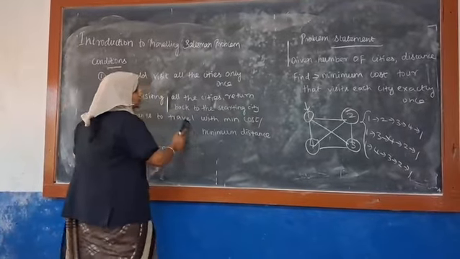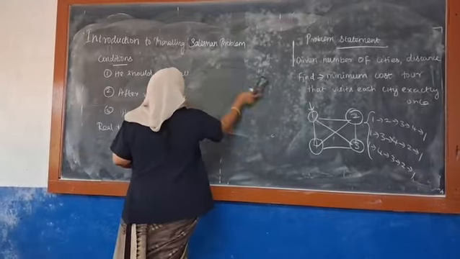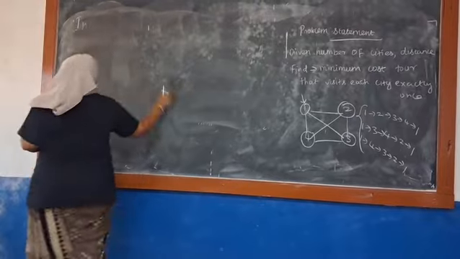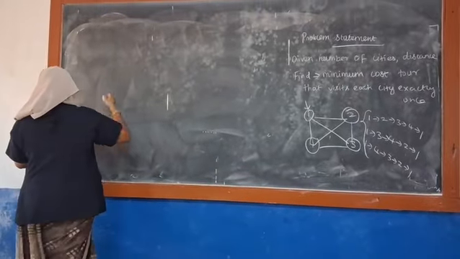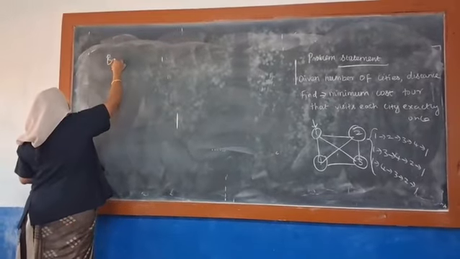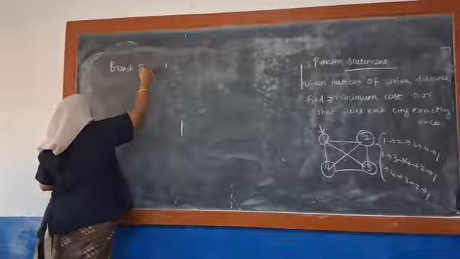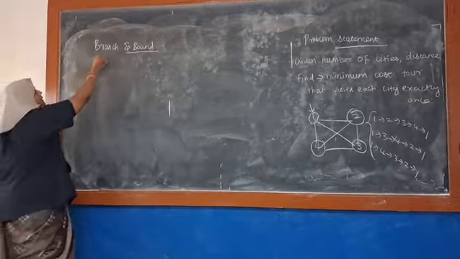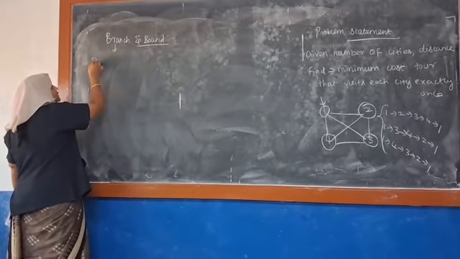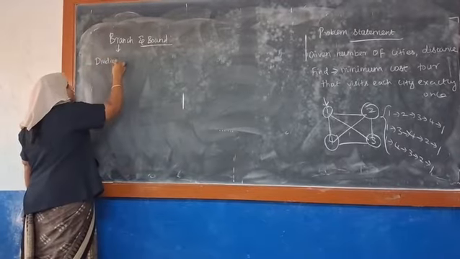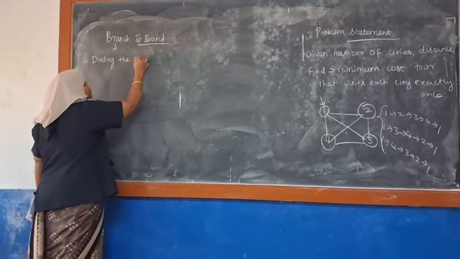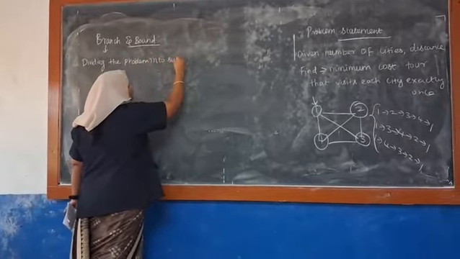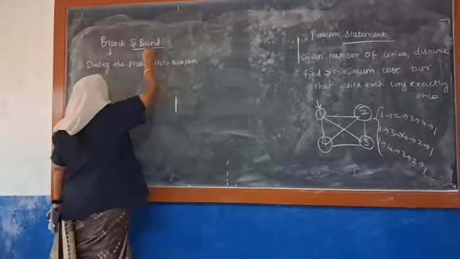Let's see what is the meaning of the branch and bound technique. Branch means dividing the problem into sub-problems. The next one is bound.